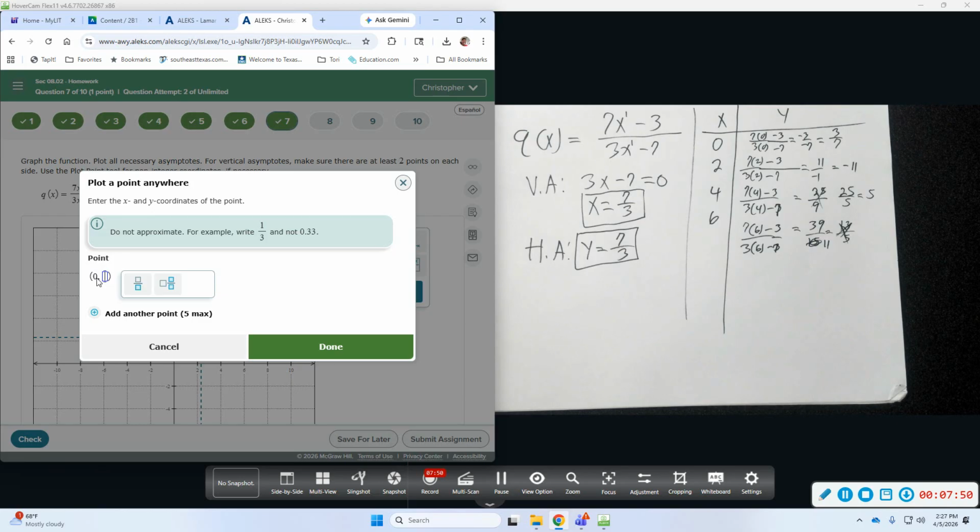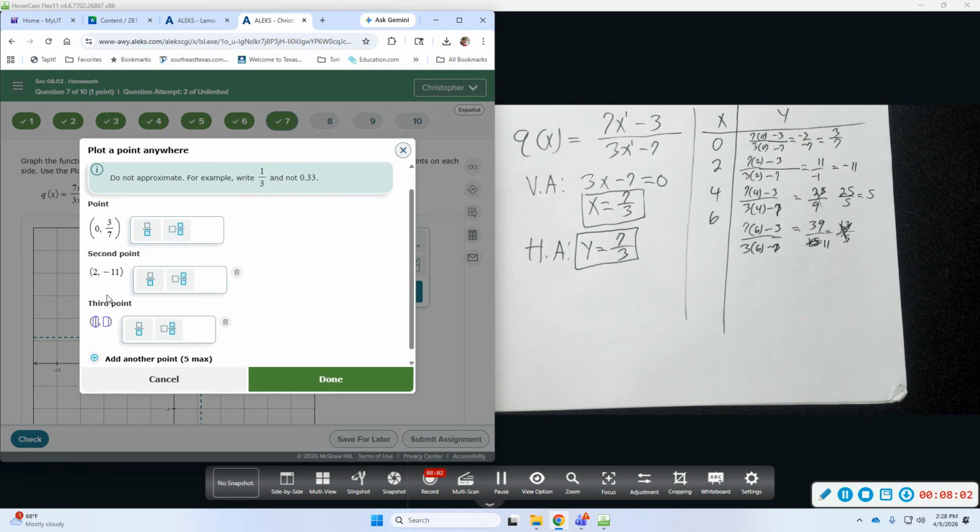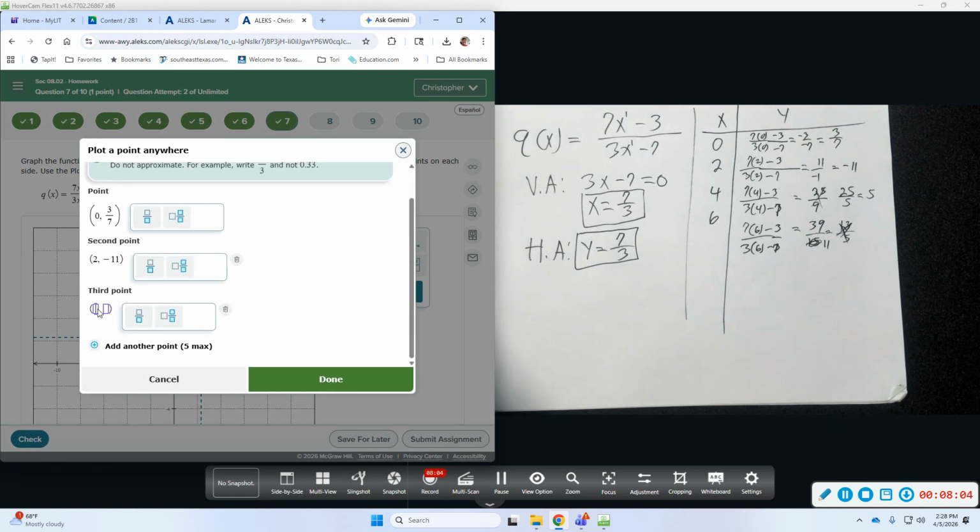0 and 3 over 7. 2 and negative 11. 4 and 5.